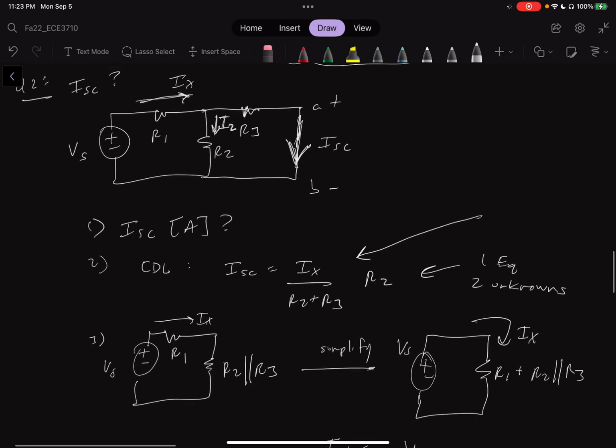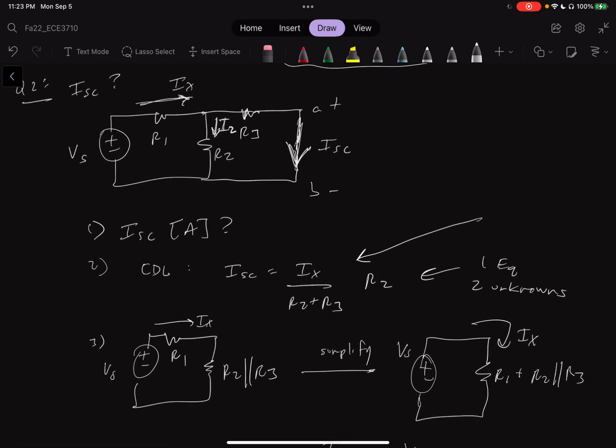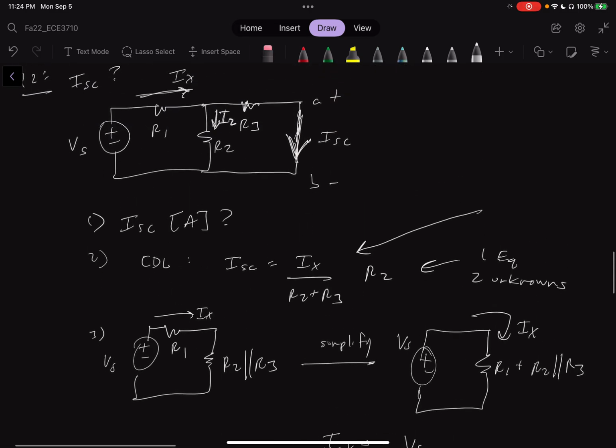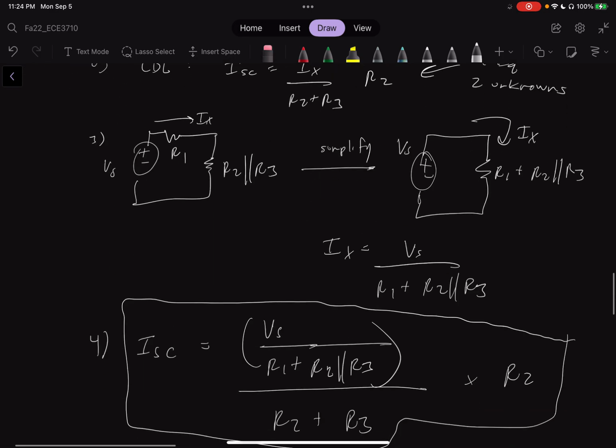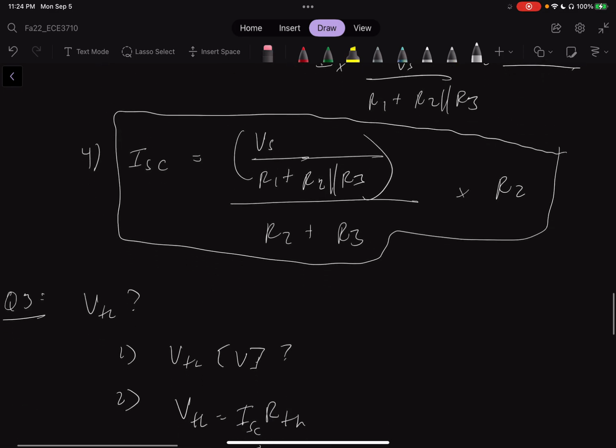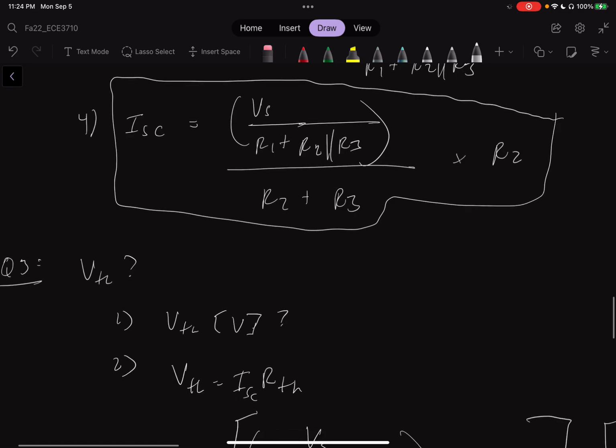And I said, let's use current divider law, but we had a current missing, Ix, so we simplified the circuit drawing by noticing that R2 and R3 are in parallel to each other. That's what we did here. And then we took it one step further by noticing that R1 and this system of resistors were in series with each other. Then we used Ohm's law. Then we plugged and chugged.